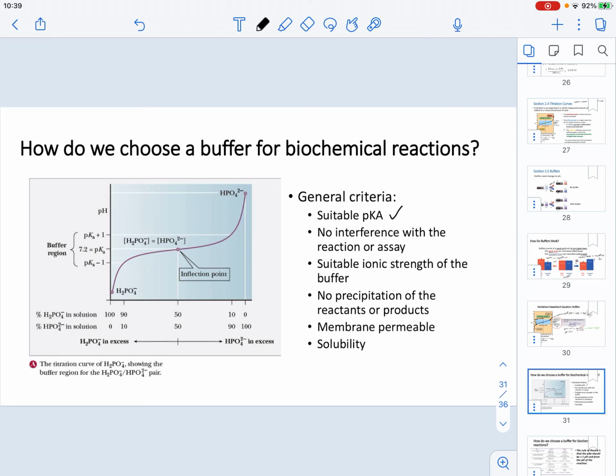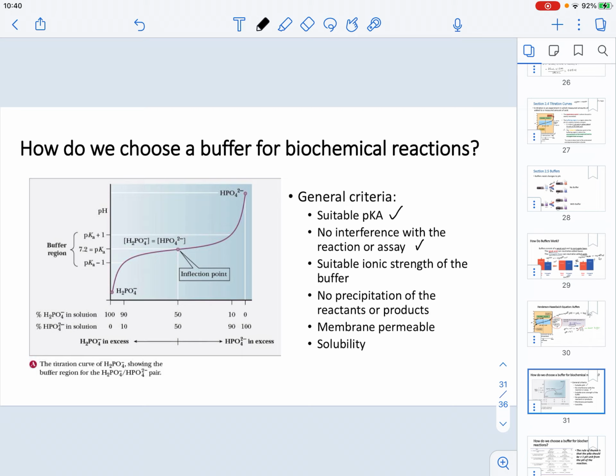You need specifically a buffer system that has no interference with the reaction of the assay, meaning that the reagents, that weak acid and its conjugate base that are utilized, are not going to be reacting themselves with the biochemicals or even with each other. They're going to be specifically targeting the acid and the bases that may be forming in the system.